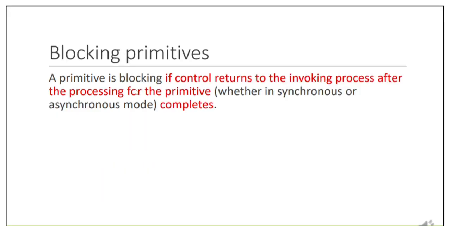A primitive is blocking if control returns to the invoking process only after the processing for the primitive completes. If you are sending or receiving a message, the message has to be sent to the destination, and till then no other send will happen.